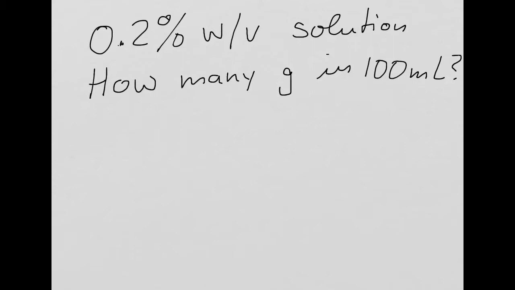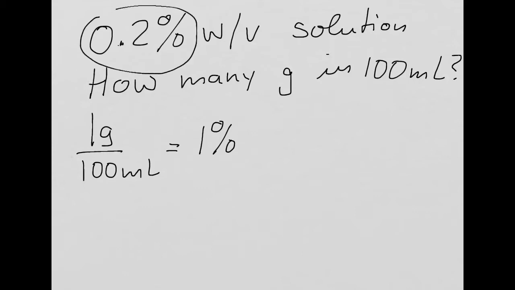Well, we know the definition of percent is 1 gram per 100 milliliter equals 1%. But I have a 0.2% solution. I don't have a 1%, I have a 0.2%.